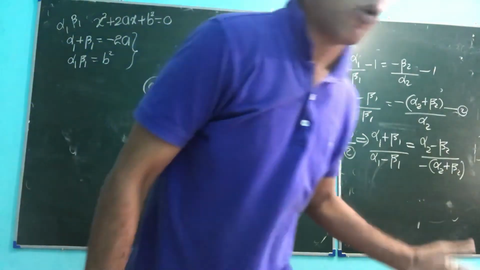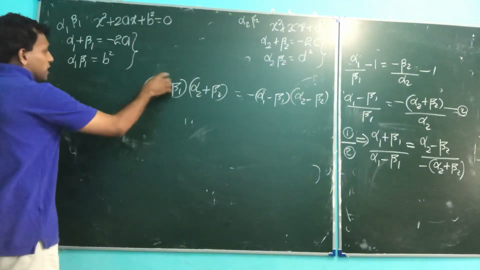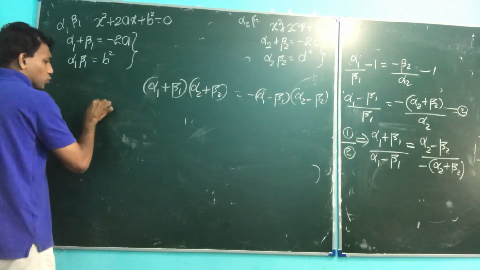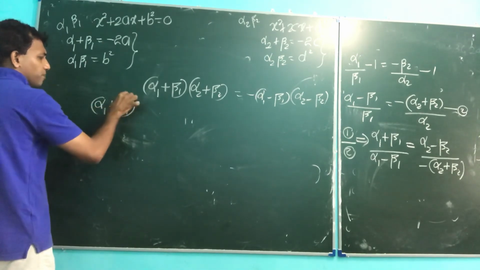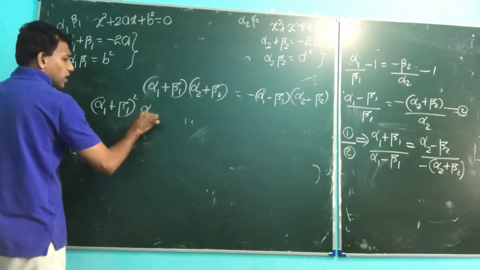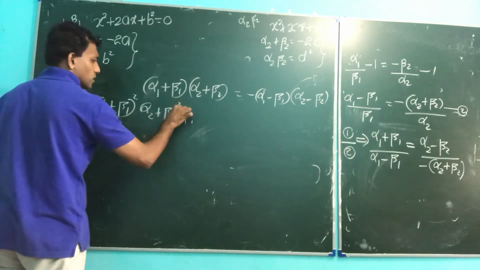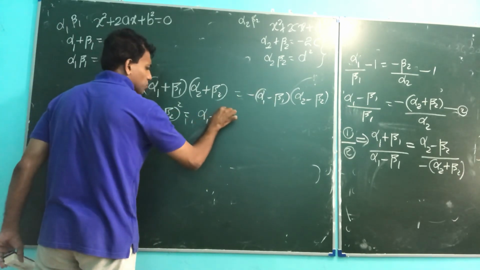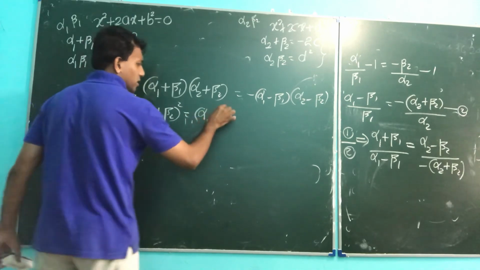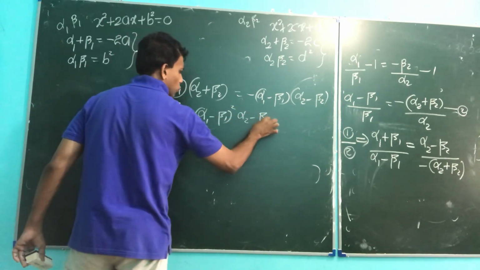Next, square both sides, right? You know these answers, later finally substitute. Alpha 1 plus beta 1 square, there also alpha 2 plus beta 2 square. So minus square is positive. Then alpha 1 minus beta 1 square, alpha 2 minus beta 2 square.